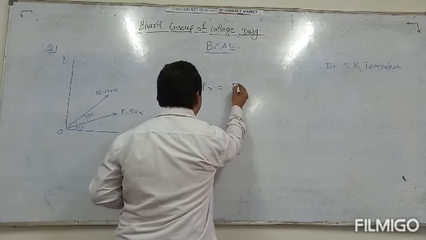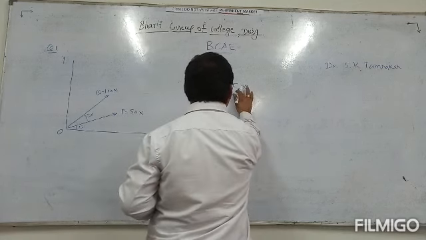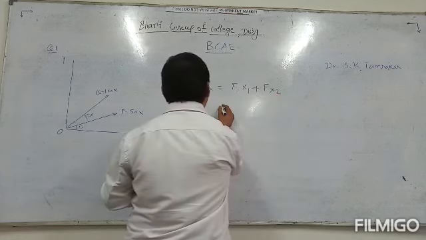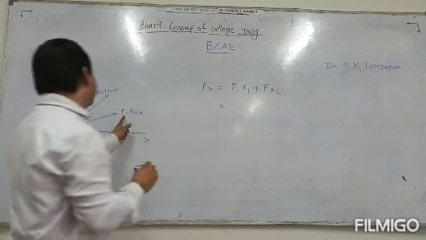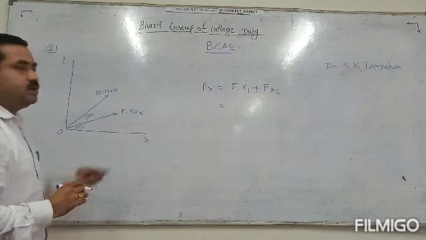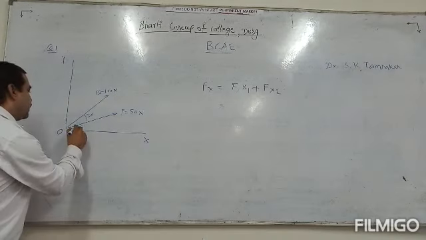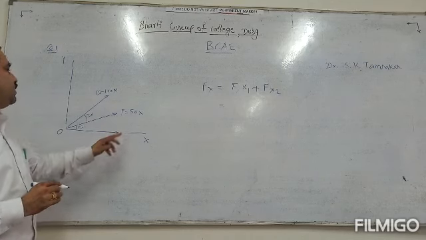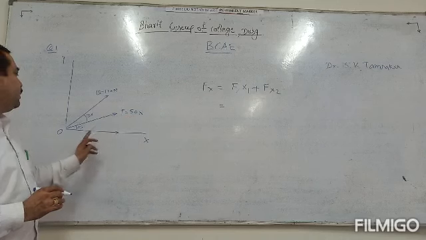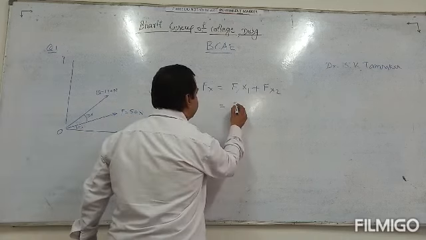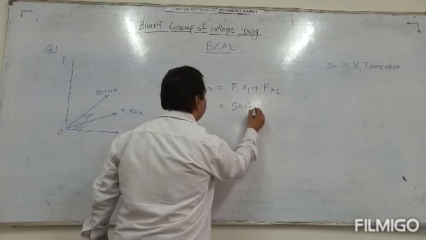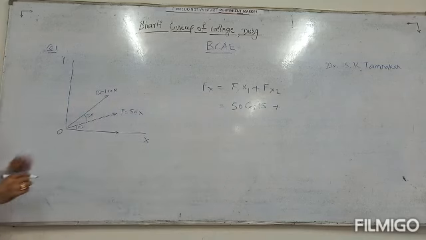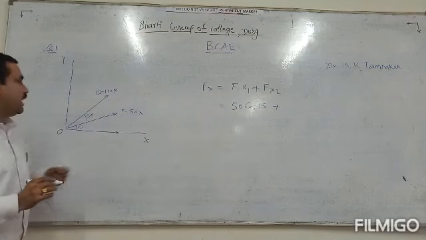So summation of Fx equal to Fx1 plus Fx2. Resolving this P of 50, this component is Fx1, that is P cos theta, that is 50 cos 15, plus, resolving this Q force in this horizontal direction.